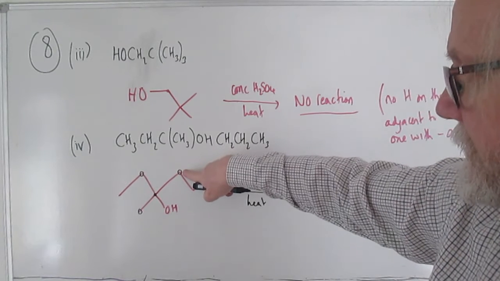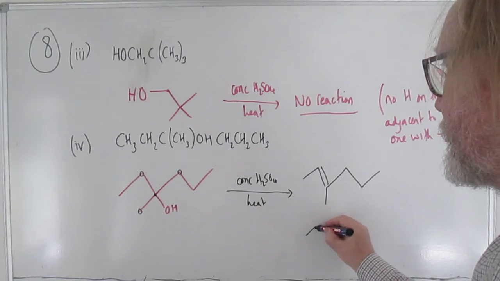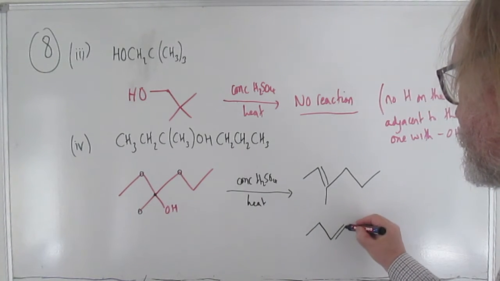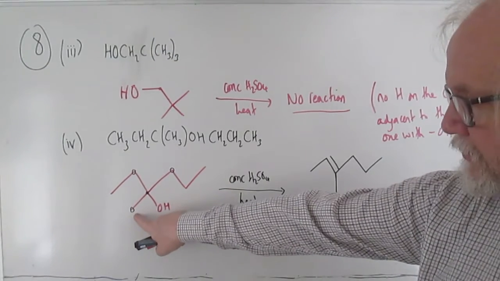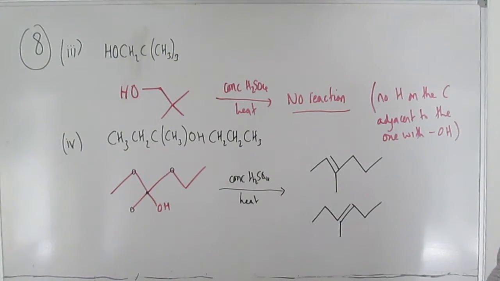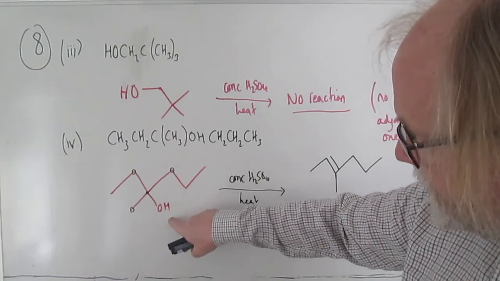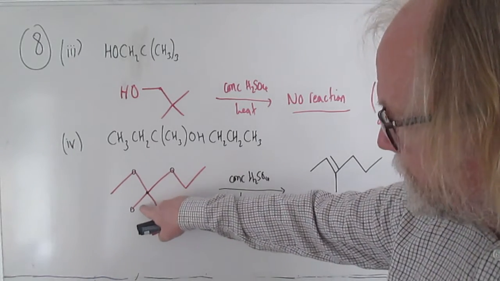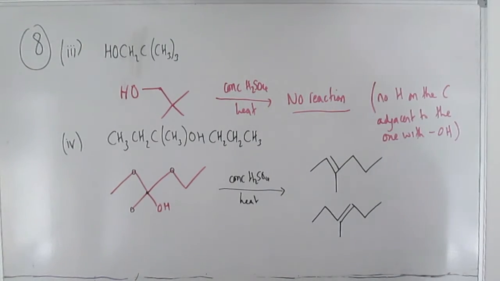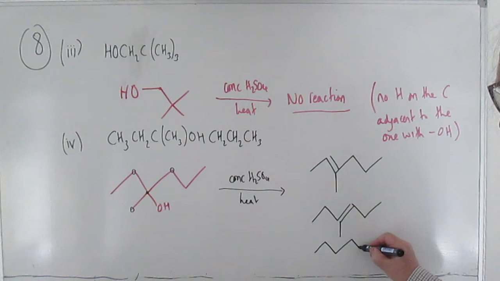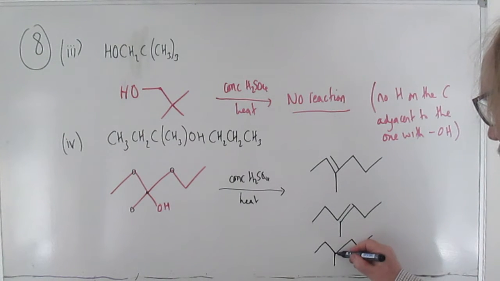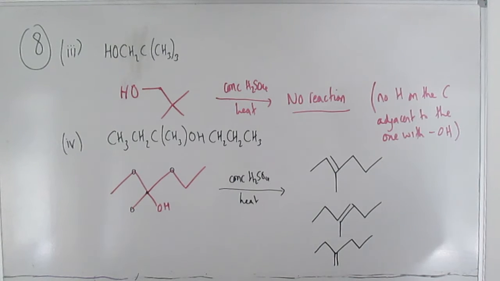If we do it to this one, then we're going to get this. If this one is the carbon that's going to lose its hydrogen, we lose hydrogen from there, OH from there, so the double bond will come across here. So that can give us this product with the double bond now down there like that.